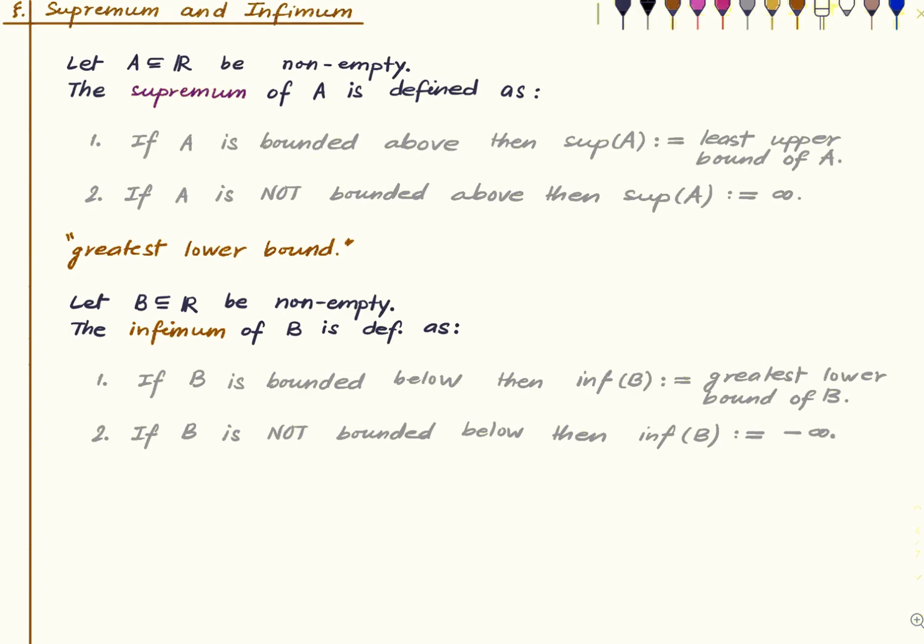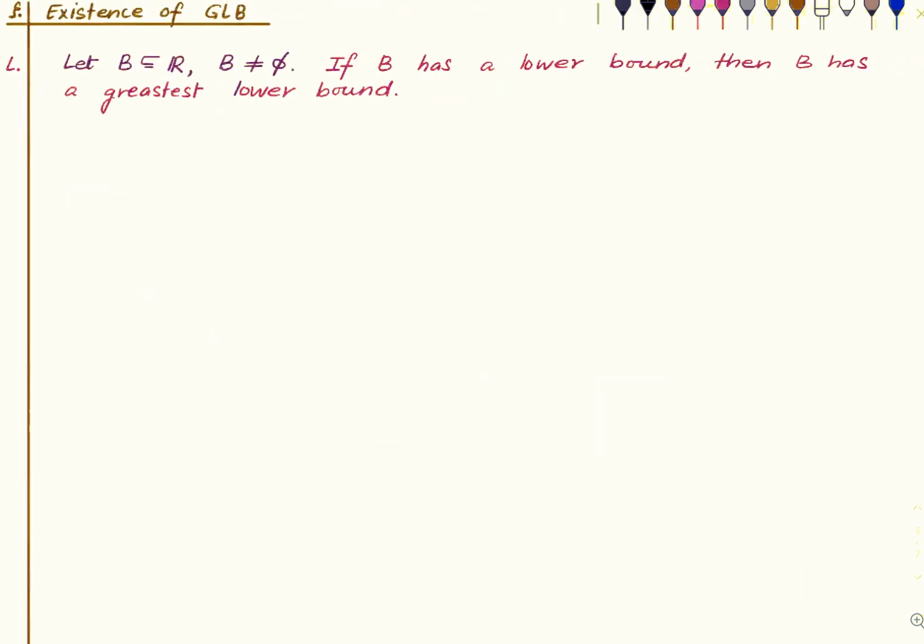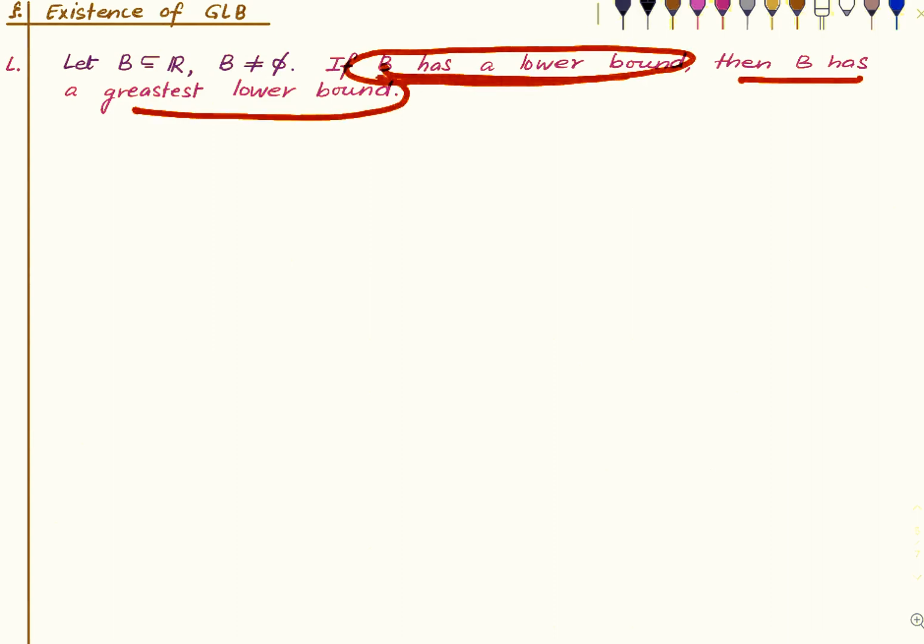Okay. All right. So let's do one final thing, or maybe, yeah, we have to do this, get this out of the way. It's a very, very simple statement, but since this is the first time we are doing something of this sort, perhaps it's a good idea to do everything in full detail. So what are we saying? We are saying that suppose we have a subset of the reals which is non-empty, and if it has a lower bound, then it admits a greatest lower bound.